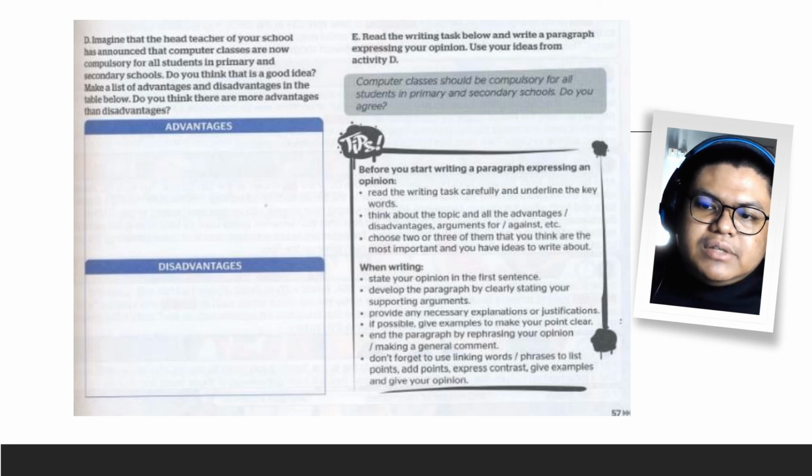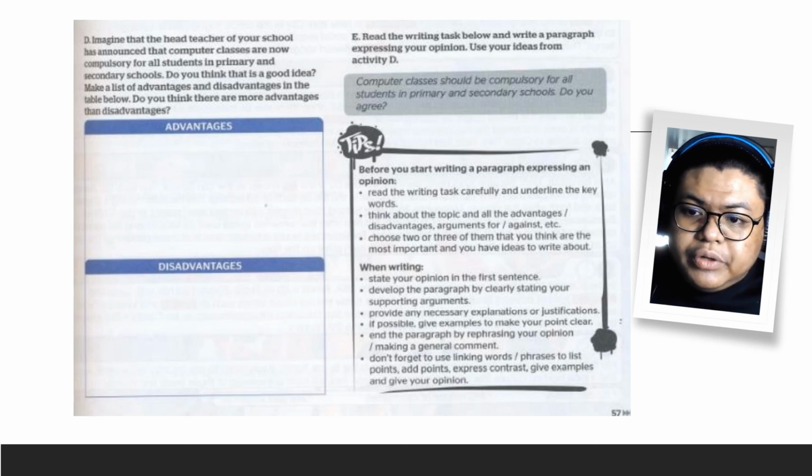Okay, so fikir sebelum awak pilih, sebelum awak decide whether to sokong or tidak, you have to fikir dahulu. You have to think about it. Okay, yang mana lagi banyak? Is there a lot of advantages, or is there going to be more disadvantages? Okay, so think about it. Okay, choose 2 or 3 of them that you think are the most important and you have ideas to write about.